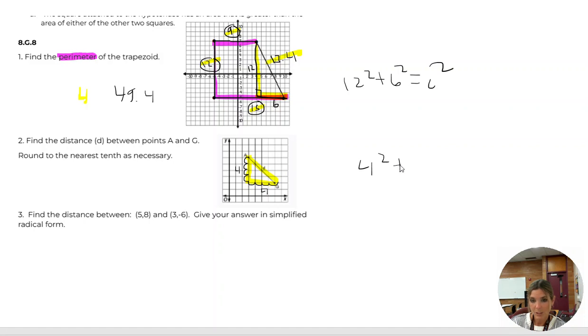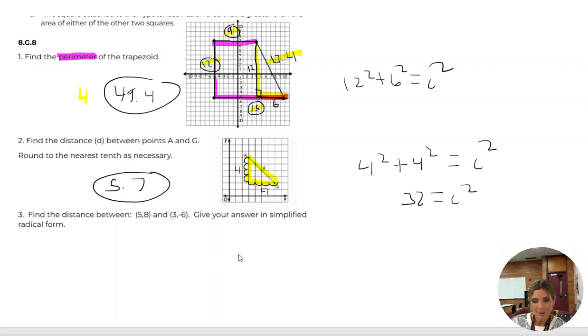So we're going to do 4 squared plus 4 squared equals c squared. So that's going to be 16 plus 16, which is 32, equal to c squared. Square root of 32 is approximately 5.7.